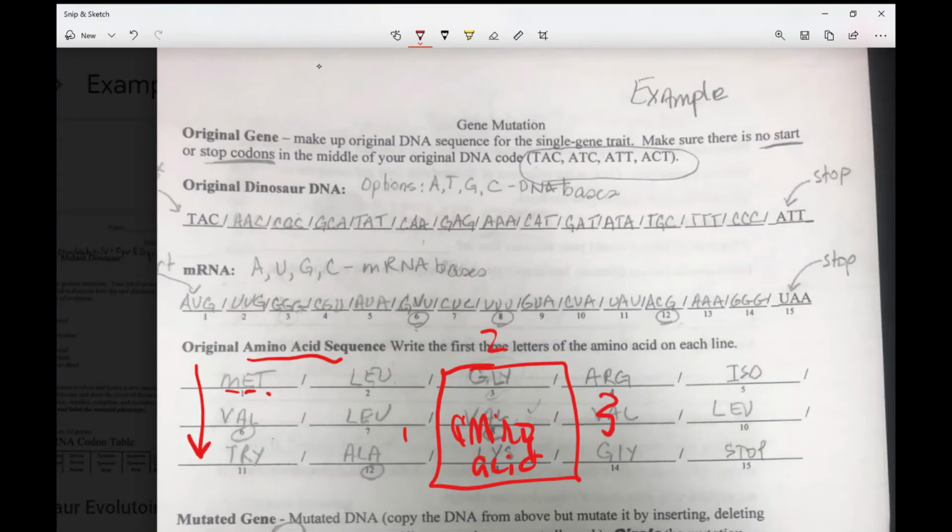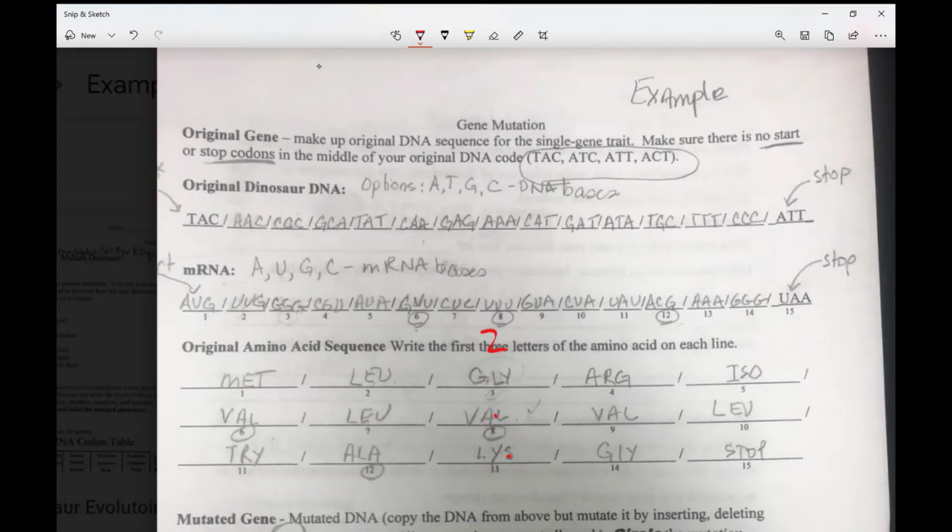They gave you this start, this stop, and when you put the code that goes with this in there, you'll see when you go from DNA to mRNA, that's what you get, and that is a start codon as well.